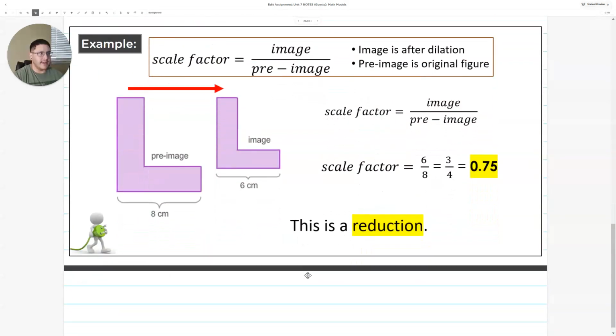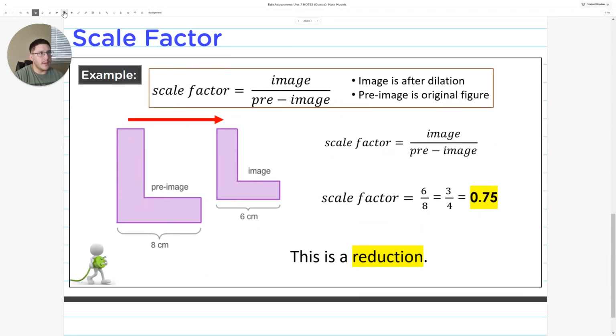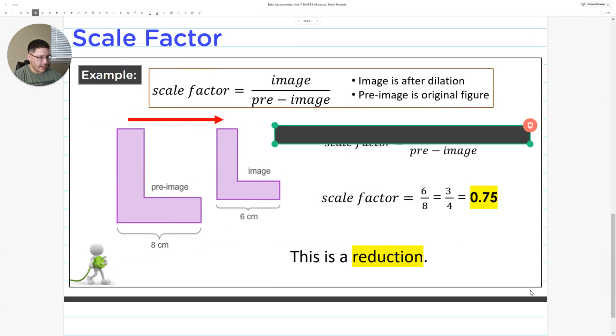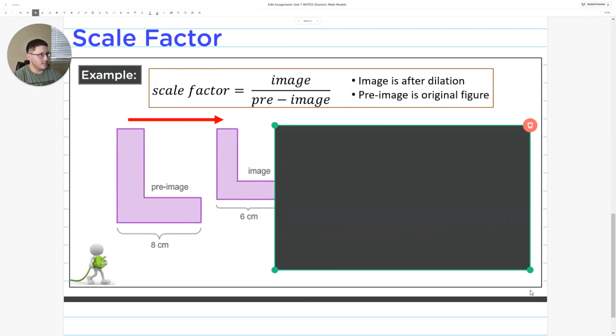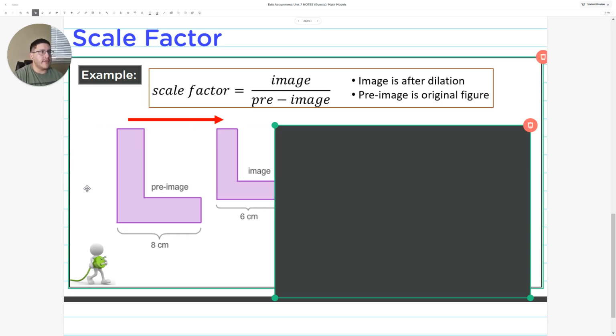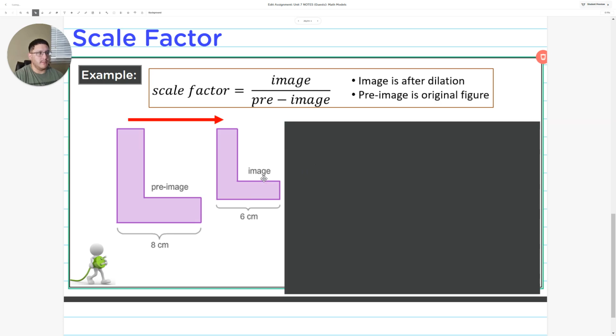Let's look at an example. I'm going to cover this up and then reveal it as we go. So let's say I want to change this L-shaped block into a new image.